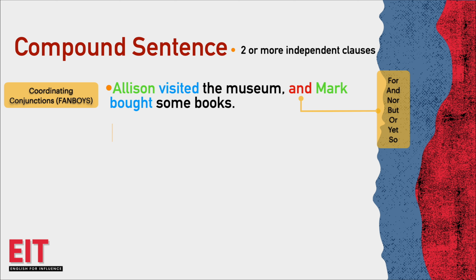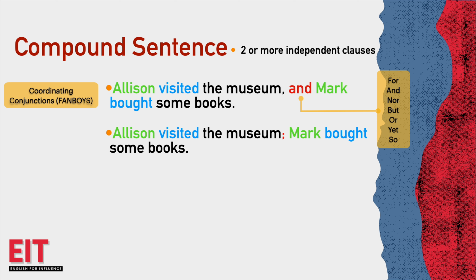But another way to write a compound sentence is through a semicolon. Allison visited the museum; Mark bought some books. So you can see that two independent clauses are being joined by a semicolon. Now, this is a special case because not all the time you can do this.